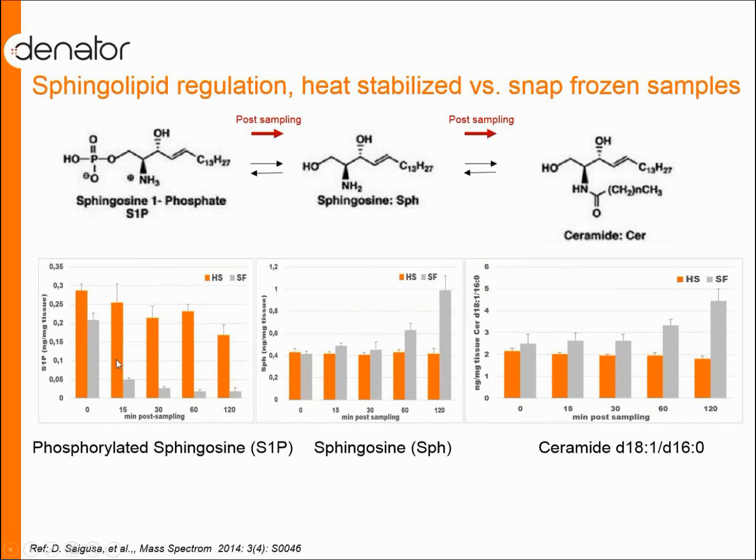And we see here the phosphorylation is being lost very rapidly, and then it gets turned into the sphingosine. So we see that the sphingosine increases, and we see the ceramide is also increasing in the snap-frozen samples, whereas in the heat-stabilized samples the levels are really retained. So once they're heat-stabilized, the levels are pretty much fixed.